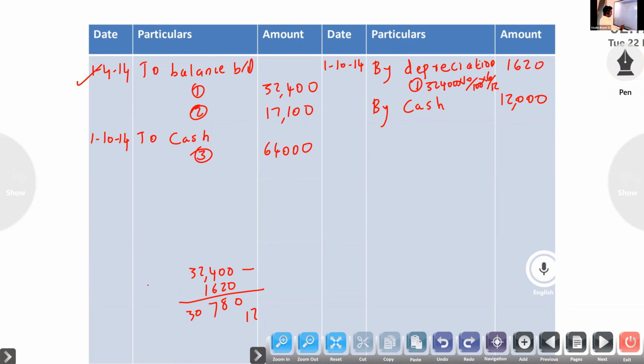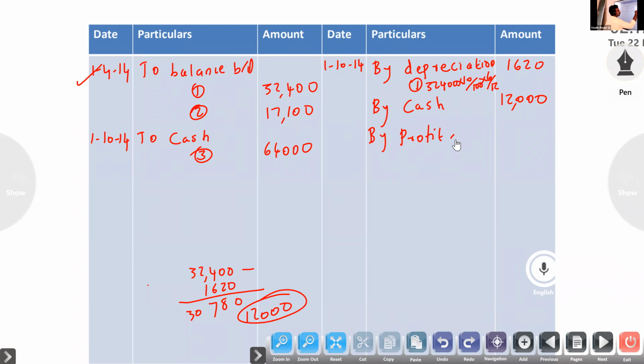We sold it for rupees 12,000, so it is a loss. The loss will be 18,780, by profit and loss account.